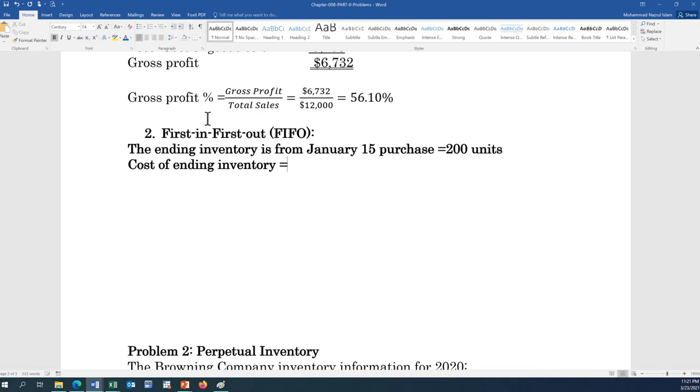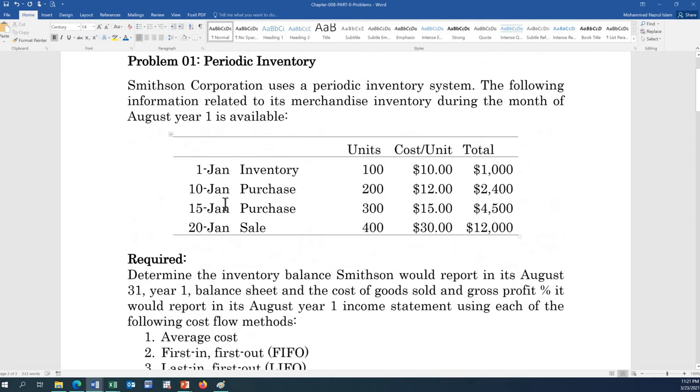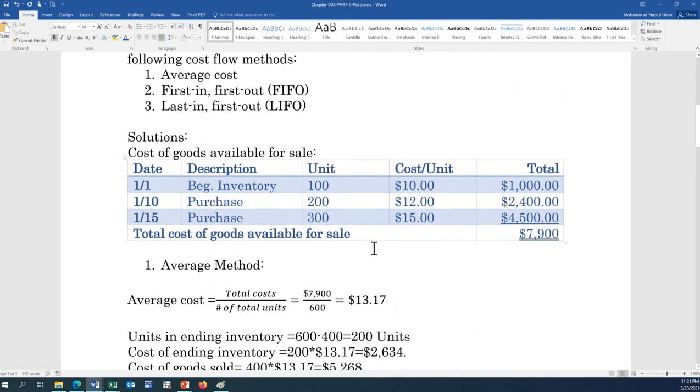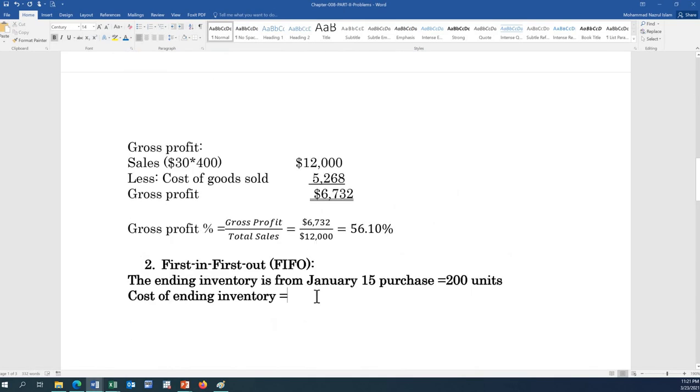And the cost of ending inventory would be 200 times the cost of purchase on that date, which was $15 per unit. So it's going to be 3,000. And the cost of goods sold, okay, here it is.